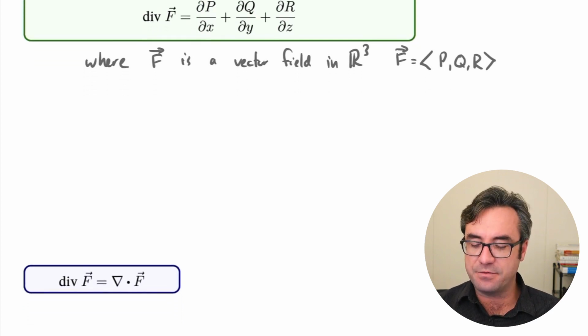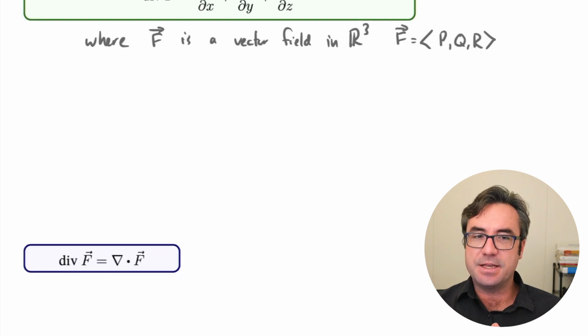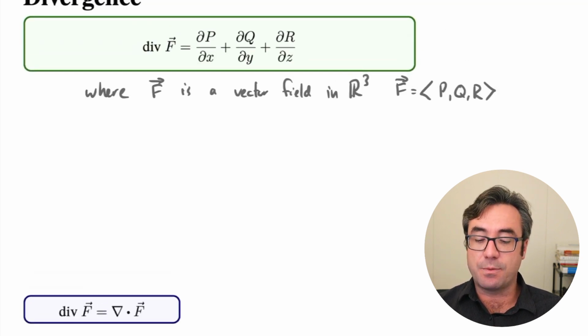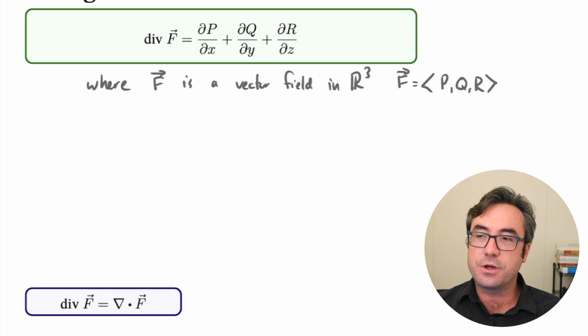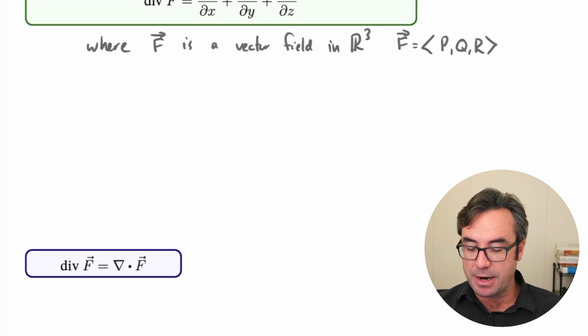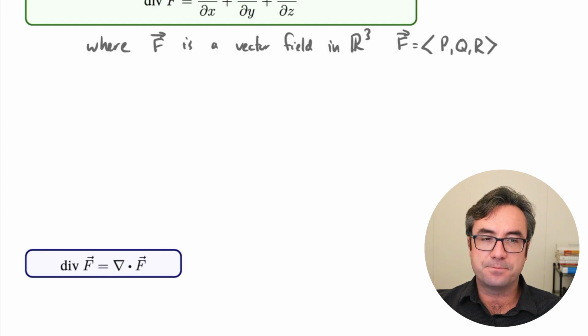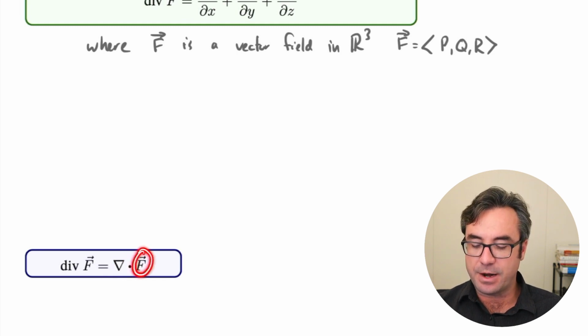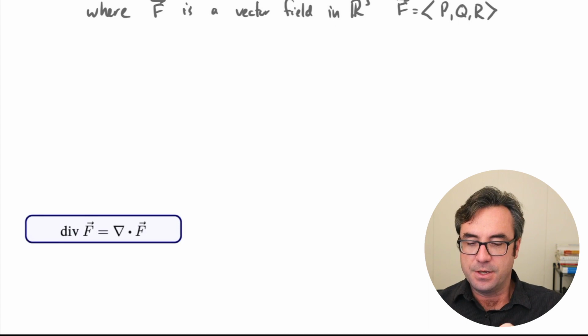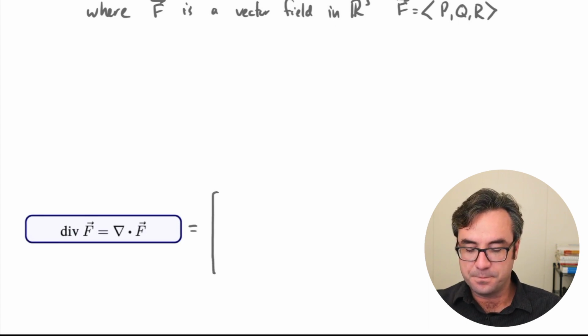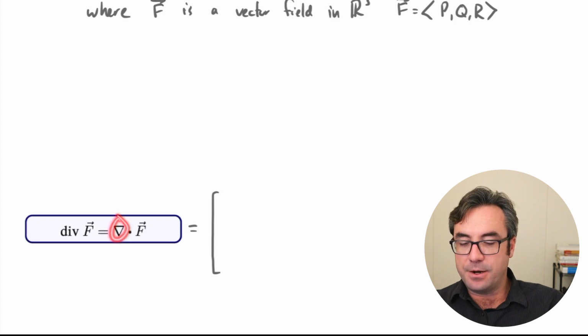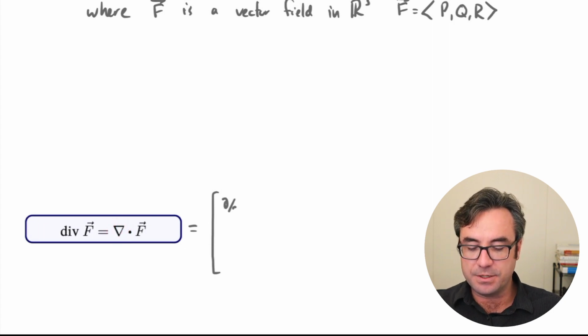So a way to think of divergence is, well, you can just remember the formula, or you can think of this as the dot product between that del operator, that vector derivative operator, and our vector field F. So to write this out, that operator, we just saw it with curl, same one as with curl. It's the x partial, the y partial, and then the z partial.